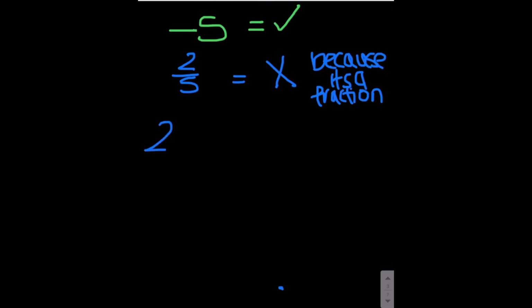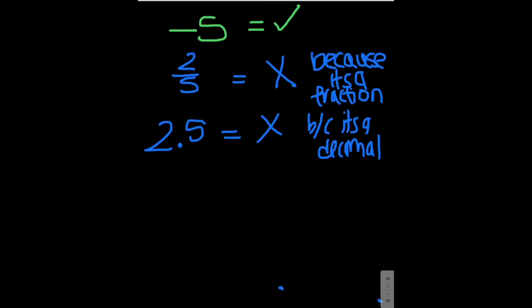Another one would be 2.5. Again, is not one because it's a decimal. No decimals are in. There are no decimals in integers.